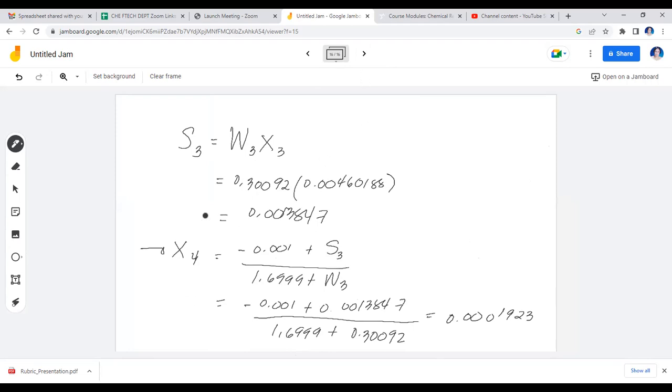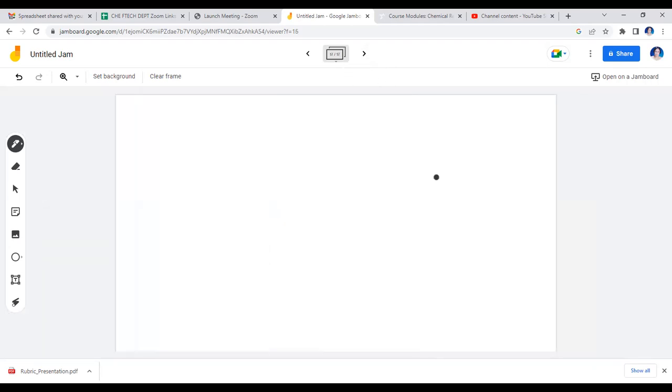When will you end solving for the concentration of the overflow? You will end when the X value is less than X sub n. Now, where is this X sub n?